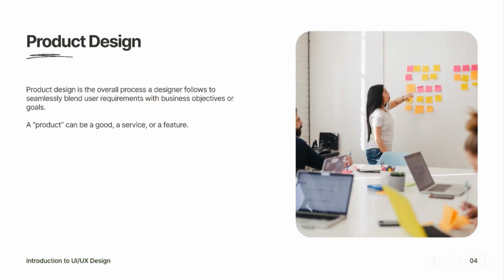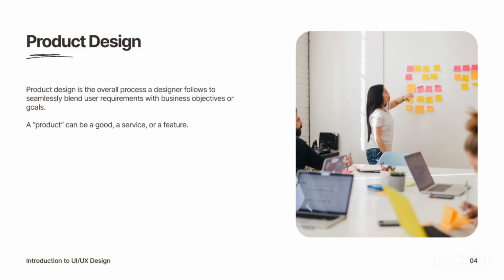So now let's talk about product design. What is product design? Product design is the overall process a designer follows to seamlessly blend user requirements with business objectives or goals. So the number one goal of product design or a product designer is to blend the user requirements, which will probably be like, okay, the platform should be easy to use. They should be able to complete their tasks.